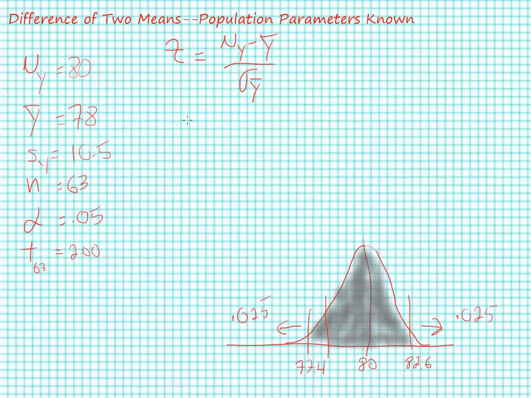As a straight z-score problem, all I need to do is solve for z here and see if it's within plus or minus 2 as indicated by the number I got from the t-table.